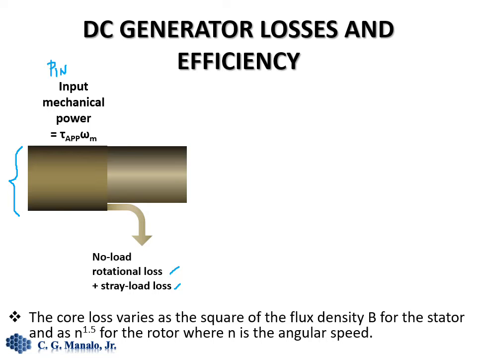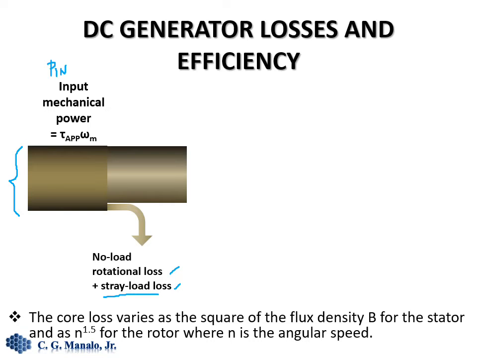There's also the mechanical loss on the bearings of the shaft as it rotates. So that is also considered a rotational loss. Now, all other mechanical loss that cannot be accounted, we usually call it a stray load loss.